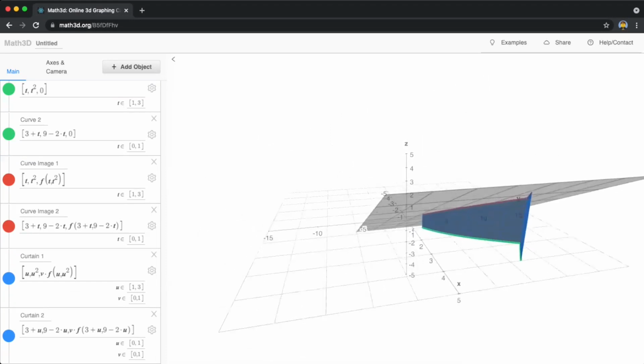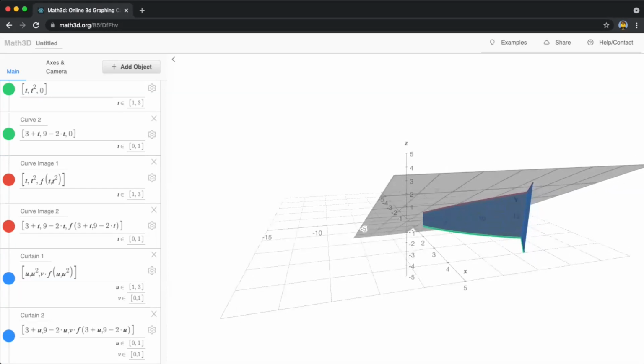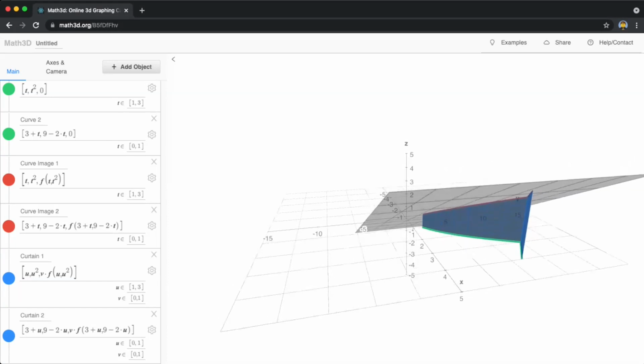If we think about how we would do this, well, we'd like to integrate along the green curve. I'd like to sample the height at each point along the green curve to get the height of the curtain. I'd like to integrate the function values along the green curve. But when I do this integral, I've sliced it up into a bunch of little bits.